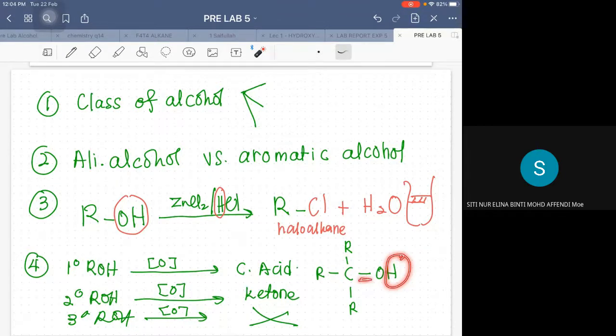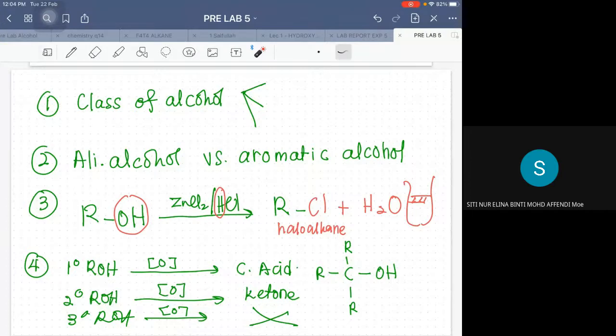Tapi kalau kita buat bond antara carbon dengan oksigen, can you count how many bond around the carbon? 1, 2, 3, 4, 5. Dah jadi 5 carbon. So dia hanya buang 1 saja hidrogen. Sepatutnya dia buang 2 hidrogen, tapi dia hanya ada 1 hidrogen. So disebabkan carbon OH ni hanya ada 1 hidrogen, sebab itulah tertiary alcohol tidak boleh oxidize.